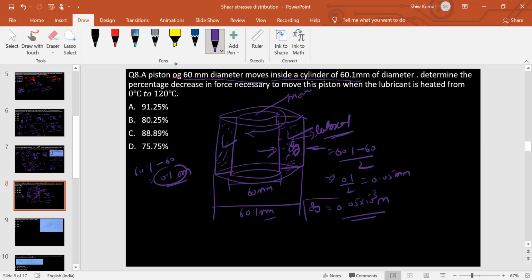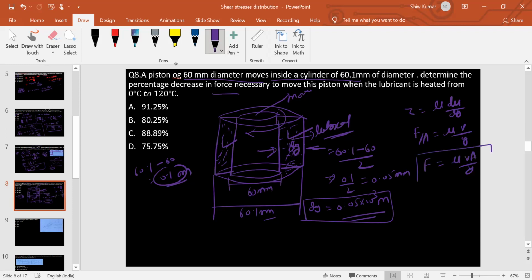So here I need to find the percentage decrease in the force. So see, we know that tau is equal to mu into du by dy, and tau is force by area, mu into u, where u is given as v, and dy I am writing as y. So F is equal to mu into V into A divided by y. So remember that everything is constant except dynamic viscosity.